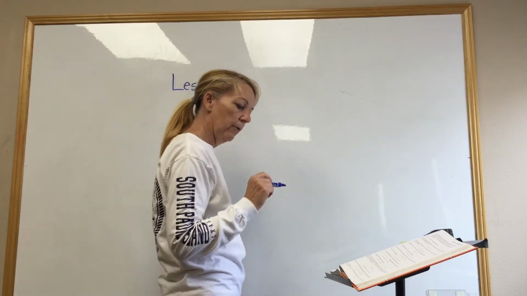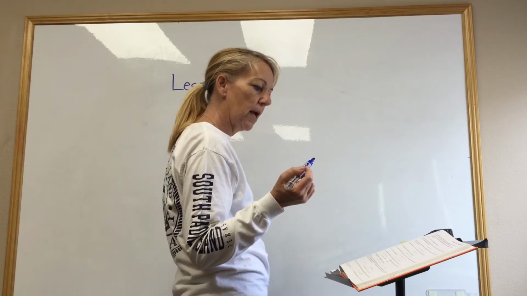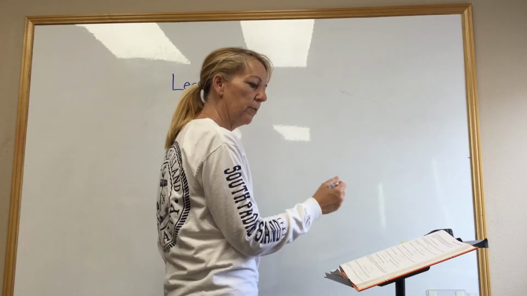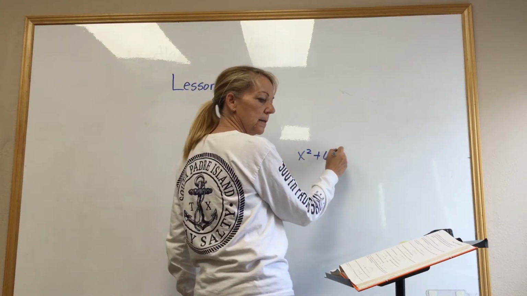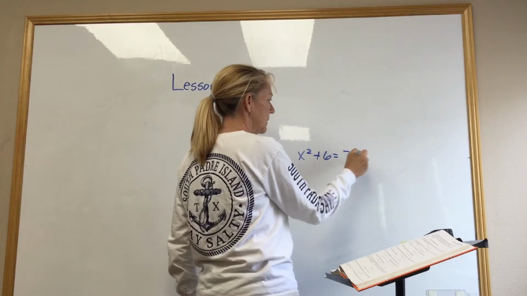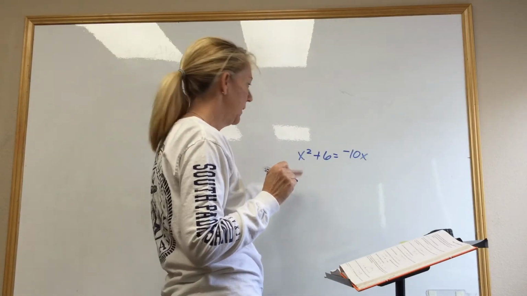So for instance, I'll just use example 1. X squared plus 6 equals negative 10x. To do that, first of all, I'm going to put it in descending order.